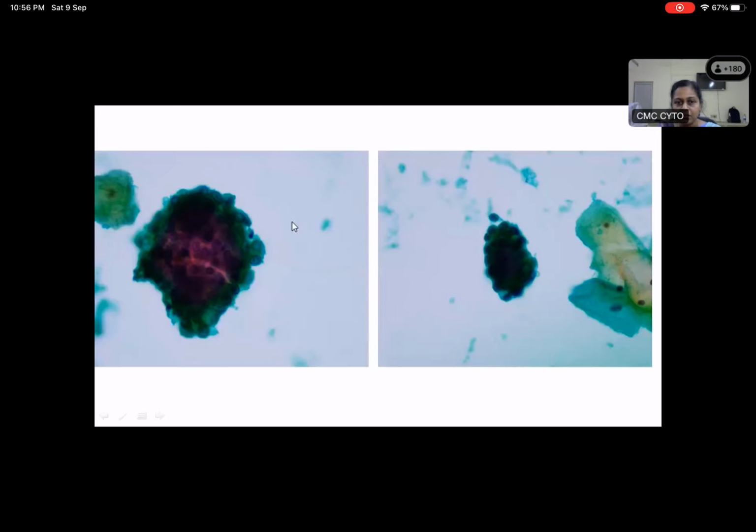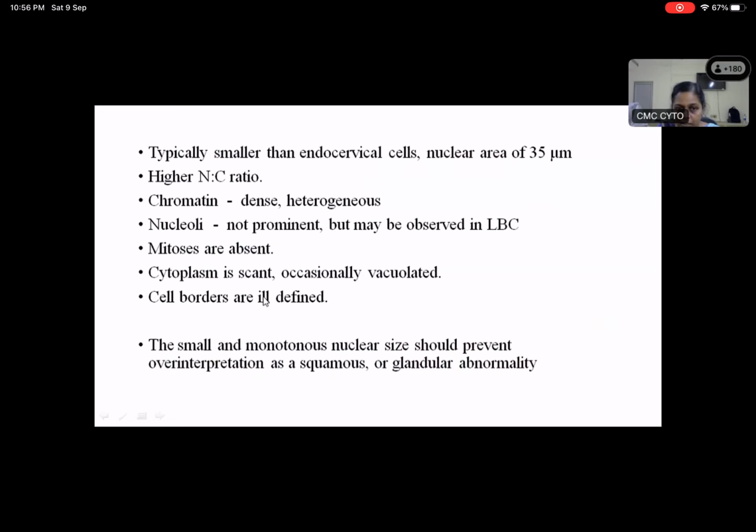And the chromatin, you really can't make out much because it is dense and normally heterogeneous. Nucleoli are usually not seen but may be seen in LBC preparations. Mitoses are usually absent. Cytoplasm is scant, making the NC ratio high. And cell borders are not as well discerned as we saw in the honeycomb pattern of endocervical cells. You really can't make out cell borders clearly in endometrial cells.